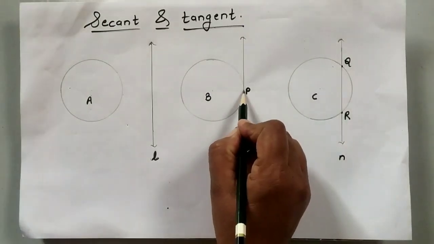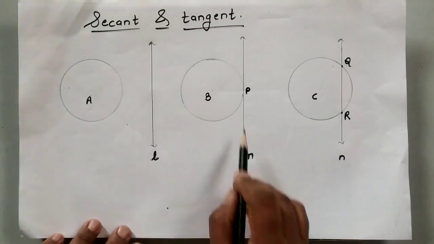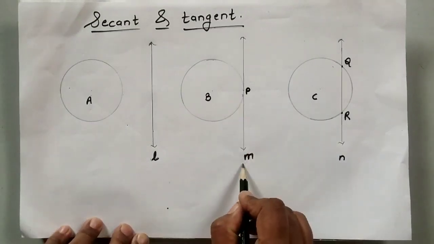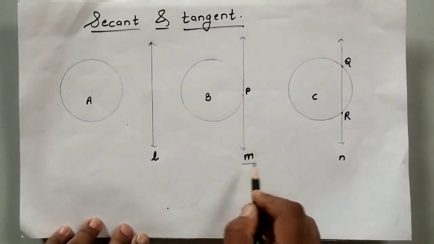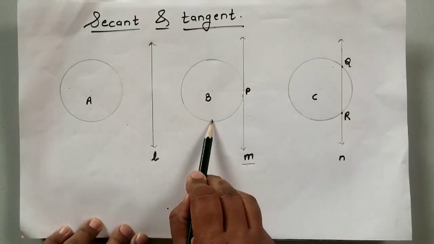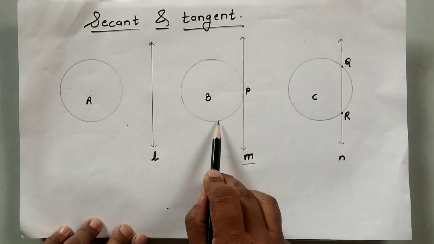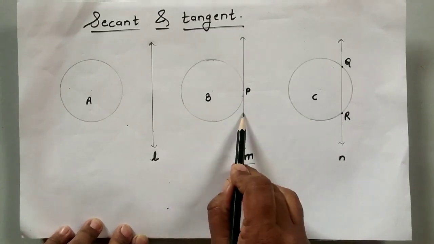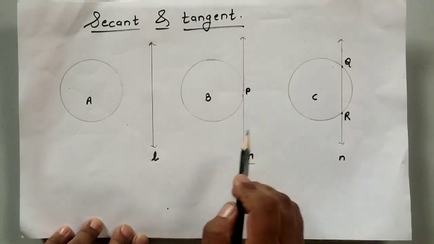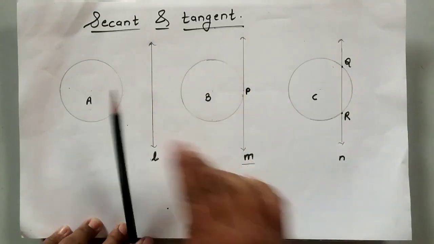So there is only one point of contact, so this line M is tangent to this circle. If there is only one point of contact between the circle and the line, then that line is a tangent for the circle.